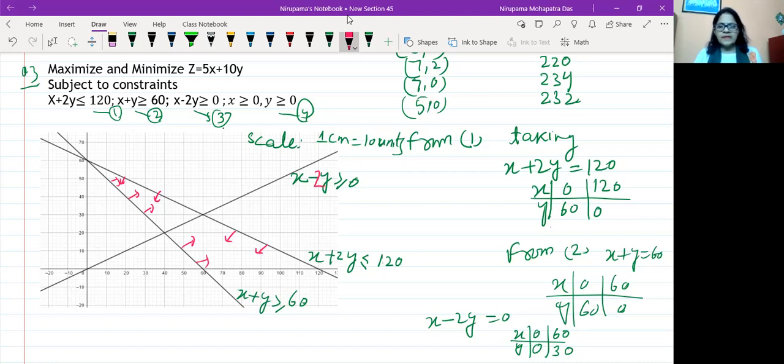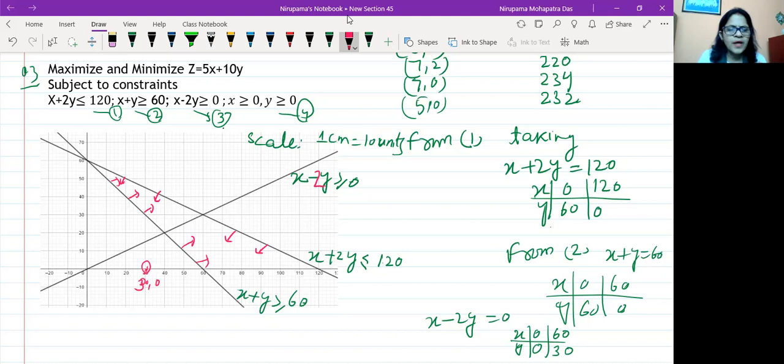So as I said, when the line passes through origin, we cannot take origin as a landmark. So we can take any other point in either side of the line. Okay, either you take here or you take here, any point of your choice. Suppose I take the point here, for example. So this is my 30, 0.